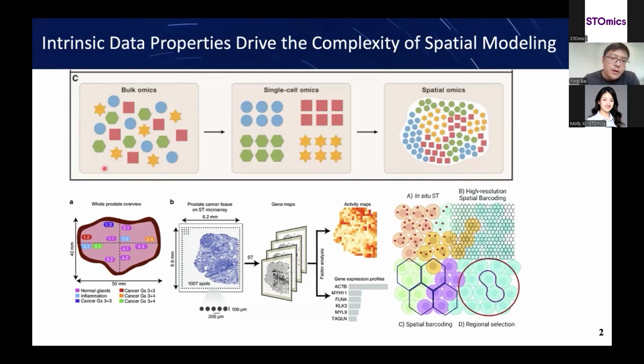We will begin from the bulk RNA data analysis. For most bulk RNA data analysis, we only have around 10 samples, 10 biological replicates for analysis. And actually, we need to analyze all the genes that comprising 20 to 30 thousand dimensions of the data.